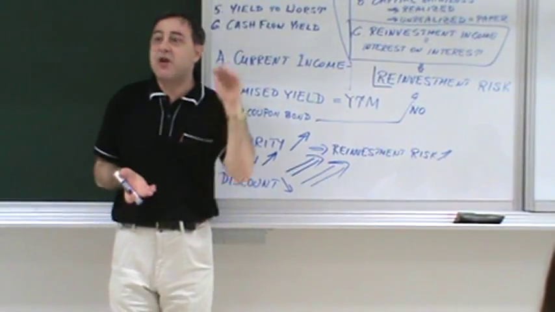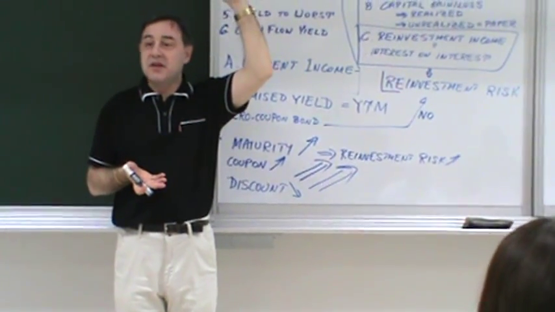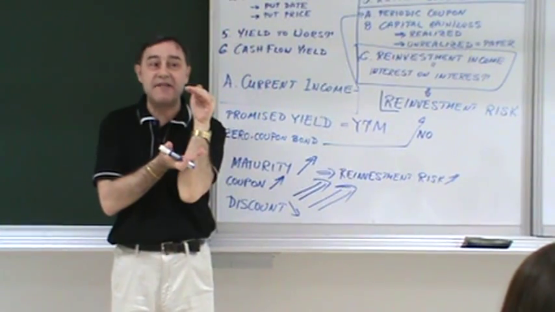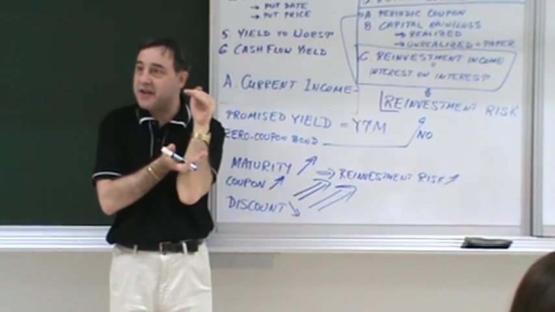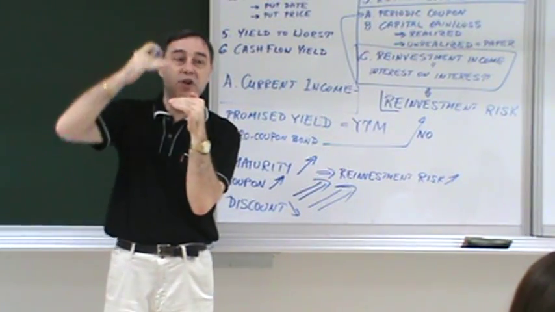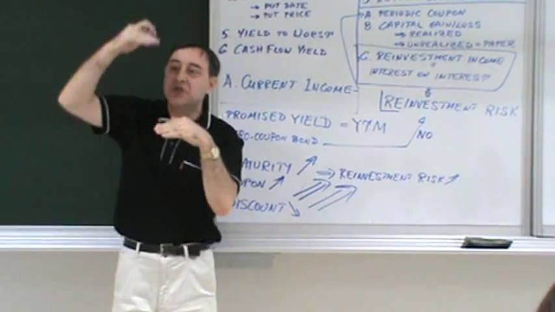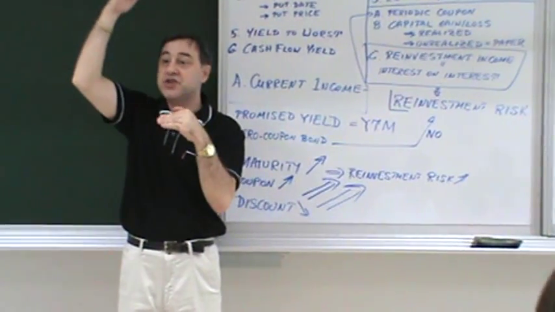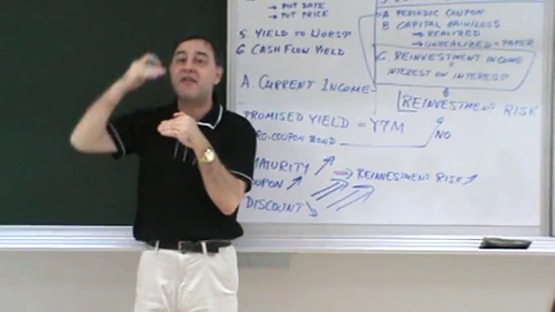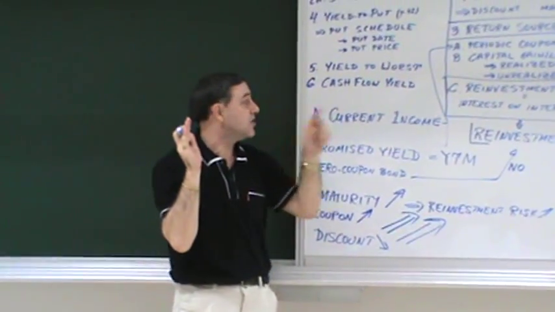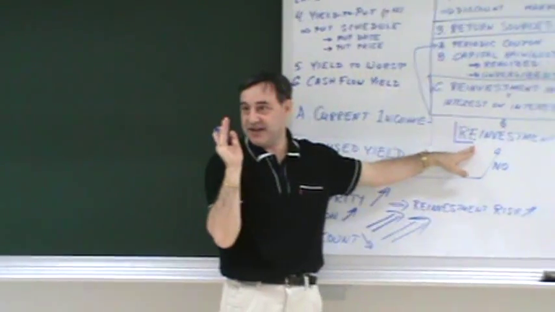Suppose you have a $1,000 bond, face value of 1,000, sold at 500. If it's sold at 500, most of your income will come from capital gain, from 500 to 600 to 700 to 800 to 1,000. So you get a guaranteed return from 500 to 1,000 which you don't need to reinvest.